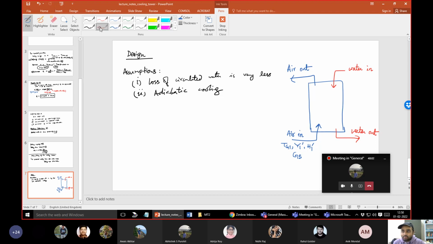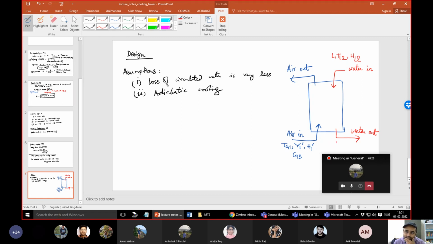Similarly, for the water inlet, the water flow rate is L1, the water temperature I will say is TL2. I am marking the bottom as 1 and the top as 2, so please follow this nomenclature. And of course, the enthalpy is HL2.